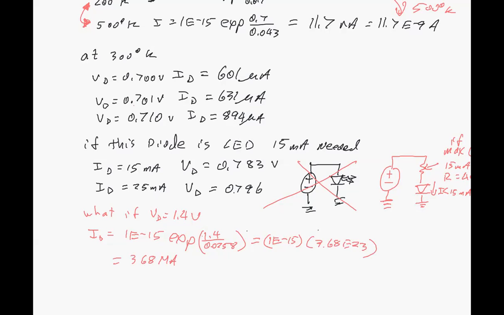And if we look at how much is dissipated in the diode, that would be V diode times I diode. That's just the voltage and the current across the diode, what it has to be dissipating: 1.4 volts times 368e to the 6 amps. And we get 515 megawatts.